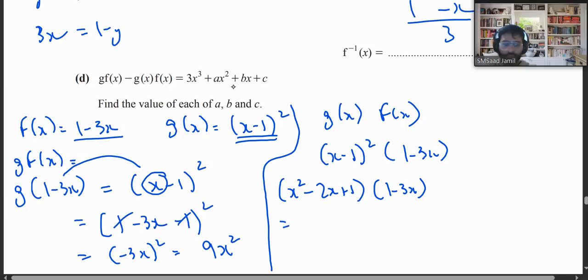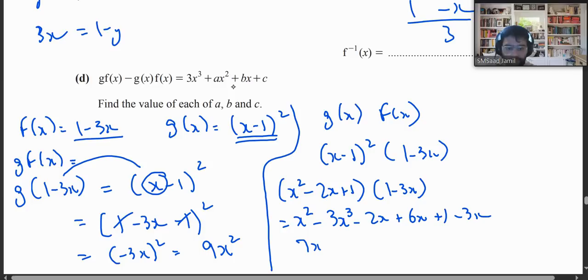So this becomes x square minus 3x cube, minus 2x plus 6x square plus 1 minus 3x. I'm just multiplying each term. So x square plus 6x square is 7x square, minus 2x minus 3x is minus 5x. This is 7x square minus 5x minus 3x cube plus 1.